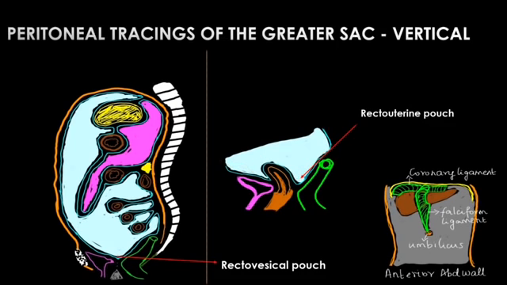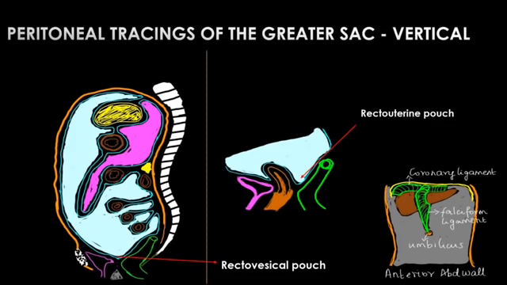See, there is a pouch called the rectouterine pouch, which is the deepest pouch formed between the uterus and the rectum posteriorly. This is the deepest pouch formed in females, and it is also called the Douglas pouch, and it is the most dependent pouch in the erect posture of females.